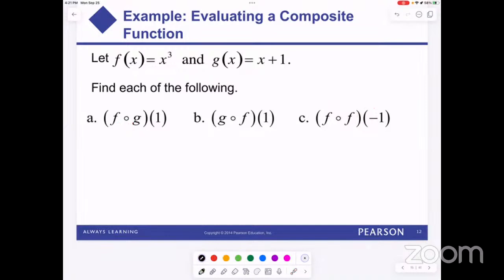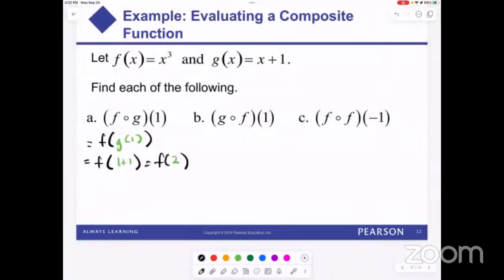So this means f of g of 1. Then g of 1 is going to be 1 plus 1. That's going to be f of 2. So then that's going to be 2 to the power of 3, which is 8.